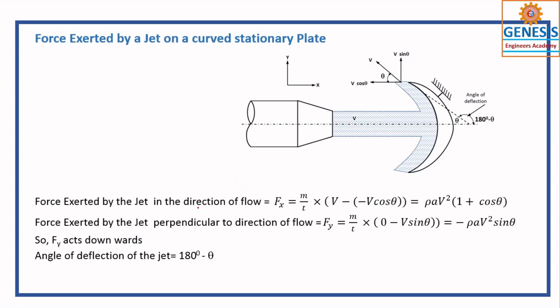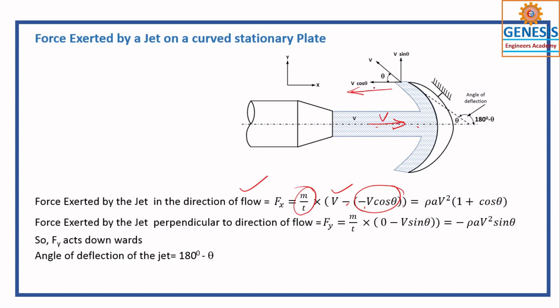The force exerted by the jet in the direction of the flow is mass flow rate times the initial velocity minus v cos theta. Why have I put that minus? Because this direction of v is towards the right and this is towards the left.